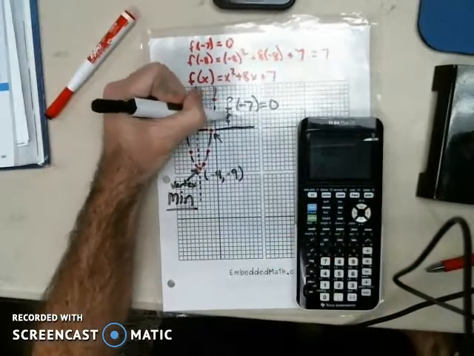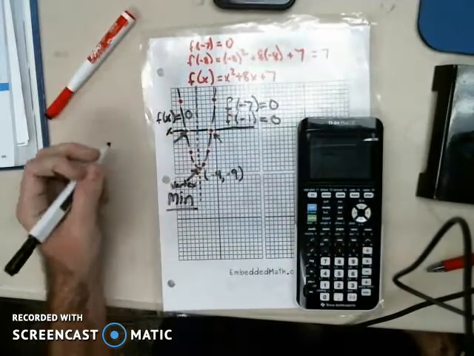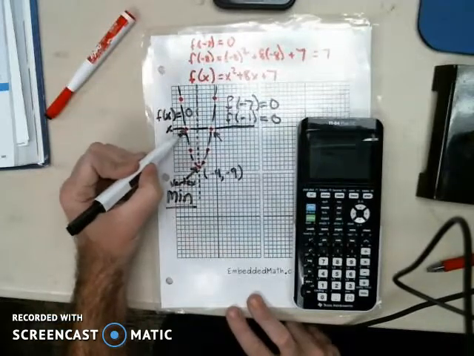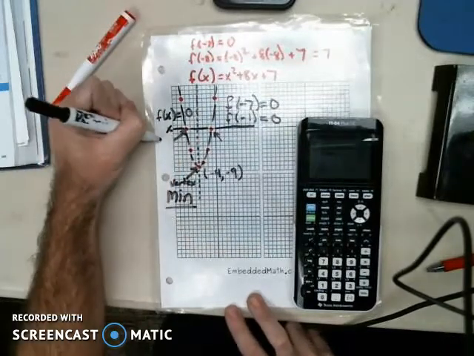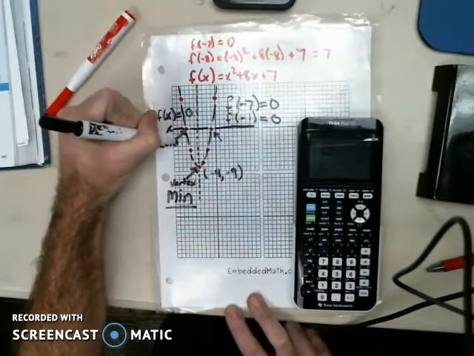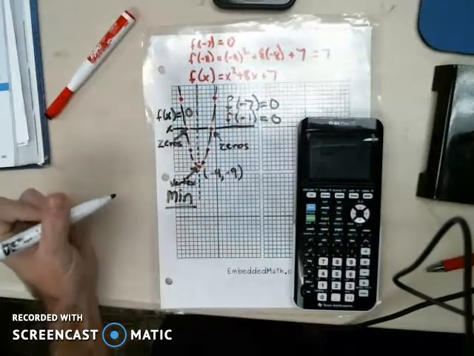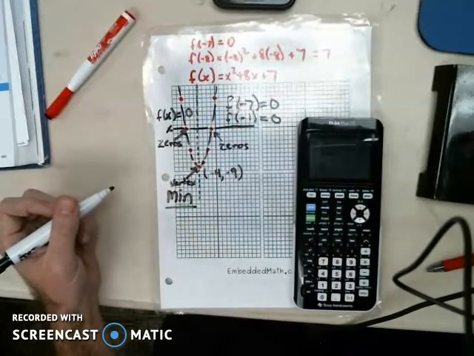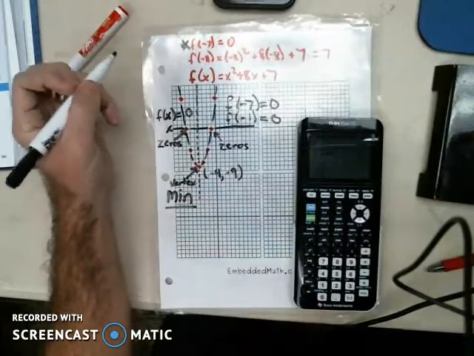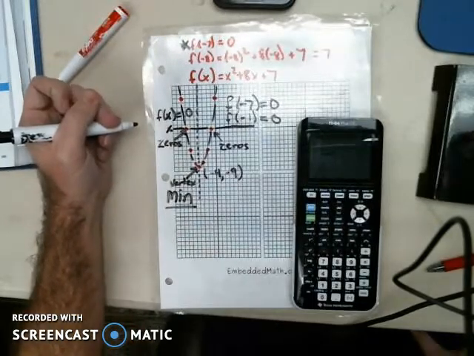And I also plugged in f of -1, and the answer came out to be 0. So these points here that we might think of as x-intercepts, in this world we're going to call them zeros, because they're what make the function equal 0, right? This one right here, and f of -1 makes the thing equal 0 as well.